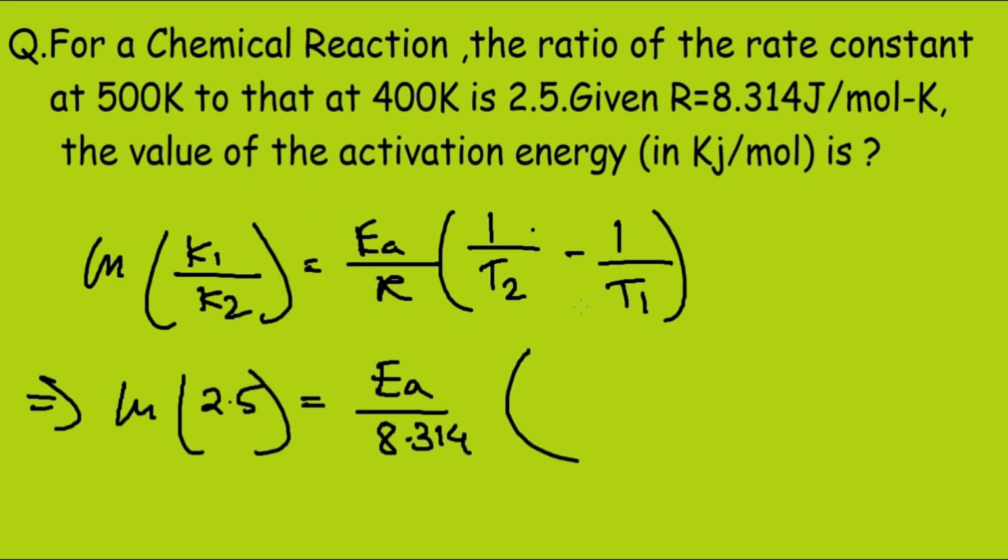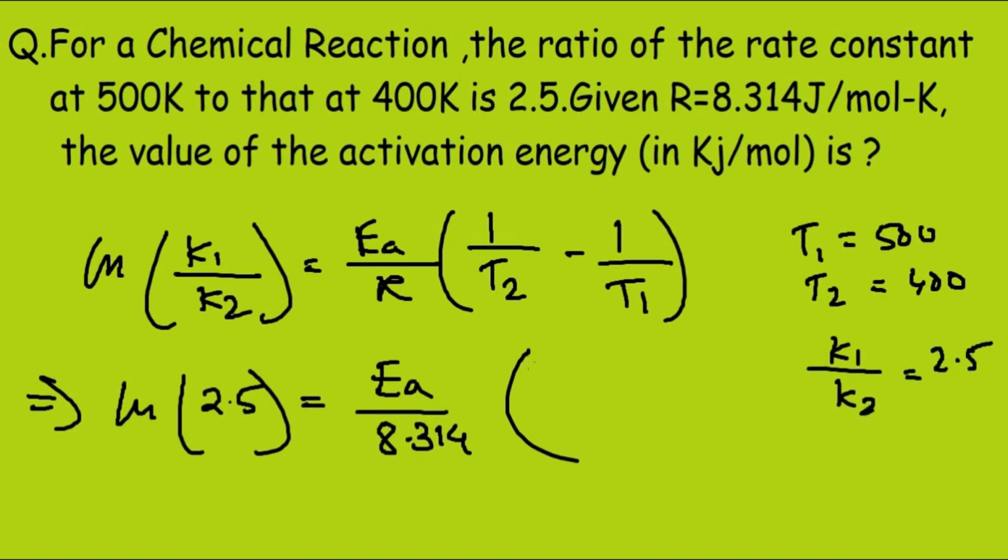So T1 equals 500, and T2 equals 400 Kelvin. Now they have given the ratio of K1 by K2 as 2.5. So now I will put the numbers in. It will be 1 by 400 minus 1 by 500.